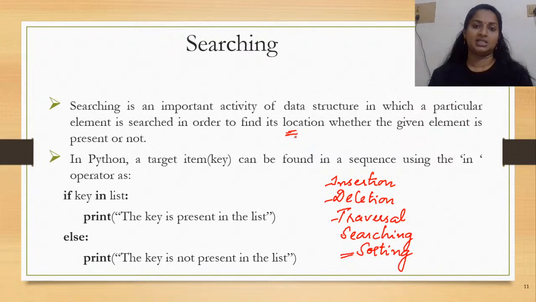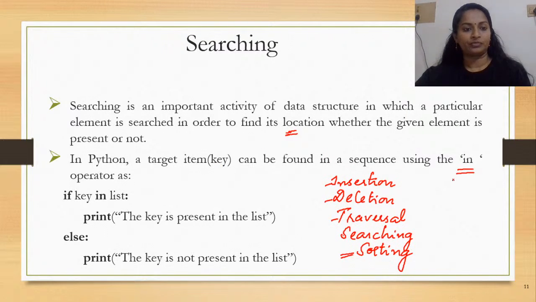In Python, a target item or the key can be found in a sequence using the in operator. What is a sequence? A sequence is a data structure in which the values or items are stored as a sequence. In such a sequence, we find the target item or the key value using the in operator.